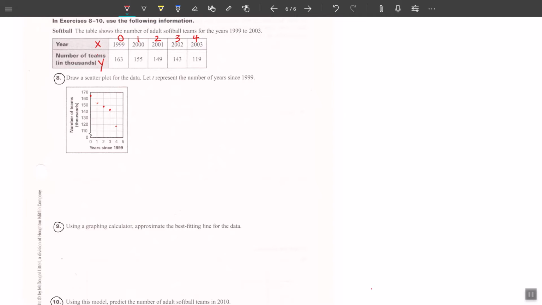And then they ask us to actually use a graphing calculator to approximate the best fitting line for the data. So this is when we're going to learn how to put these data points into the calculator and have it help us find our slope and our y-intercept.